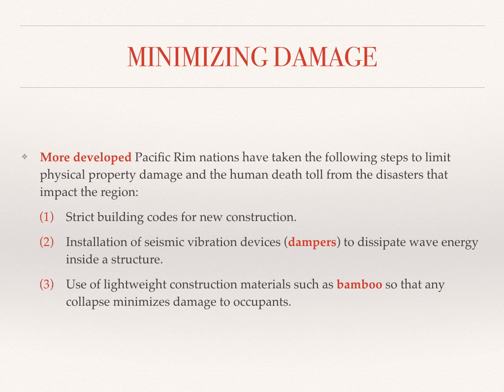Build things that won't fall down very easily. They've installed seismic vibration devices, or dampers, that dissipate the wave energy inside of a structure. Kind of like a shock absorber on a car. They've used lightweight construction materials like bamboo in houses so that any collapse will minimize the damage to the occupants.